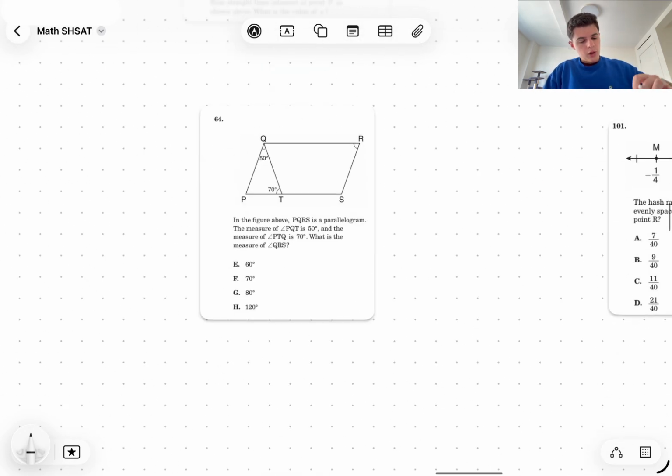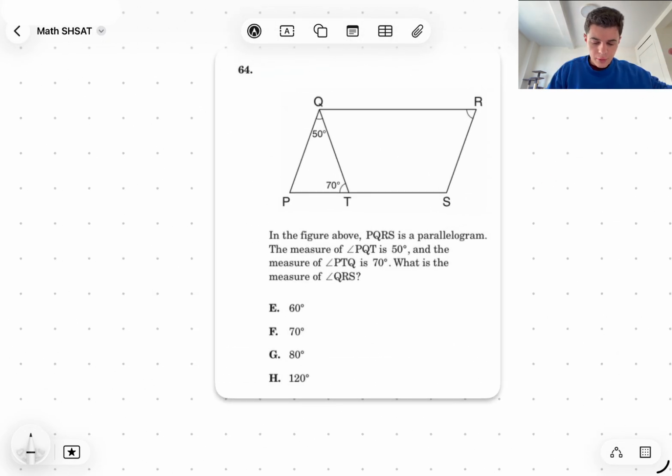Okay, let's go to our next question. In the figure above, PQRS is a parallelogram. So we need to think back. What do we know about parallelograms? Well, one thing we know is that opposite sides are parallel, and that denotes that they're parallel. What else do we know? That's all we really need to know.